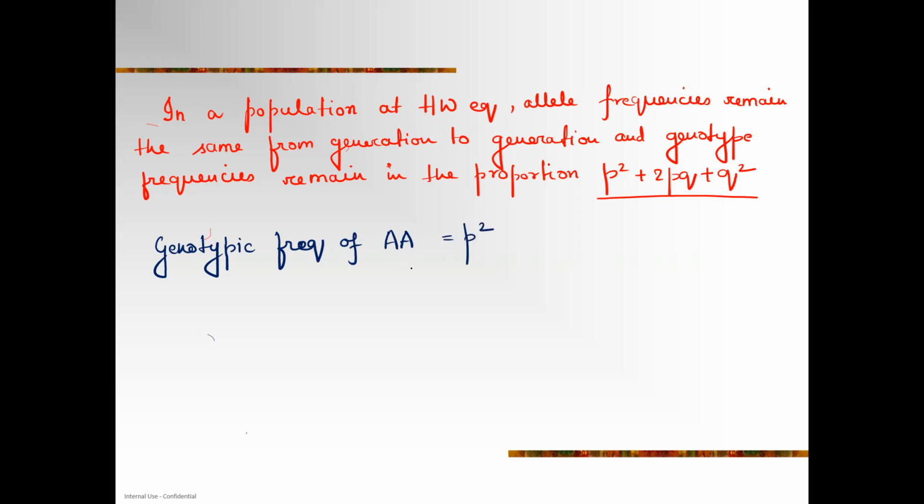The dominant homozygous counterpart. Then genotypic frequency of capital A, small a, this is the heterozygous condition. This is 2pq, right? Then genotypic frequency of the recessive part, homozygous recessive. What is that? q square.